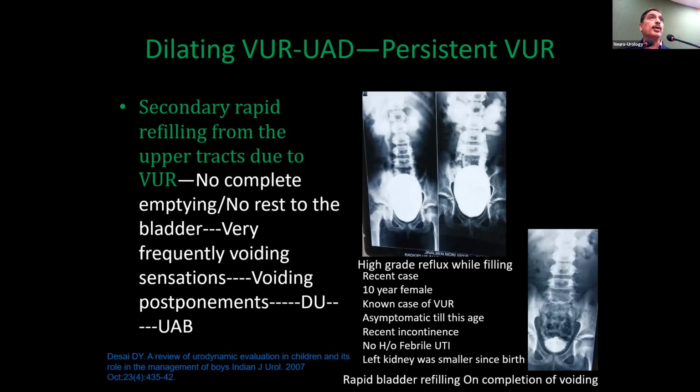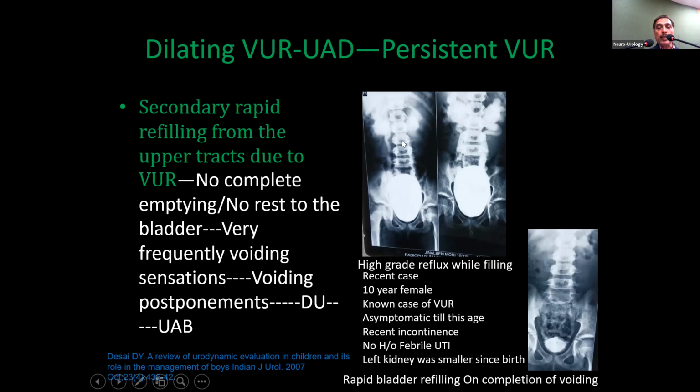Another philosophy is also available in the literature, and I also strongly believe in it. It was described by Dr. D.V.S. Desai, Great Ormond Street, and in other articles which we have discussed: the secondary rapid refilling from the upper tract due to VUR, no complete emptying, no rest to the bladder, very frequent voiding sensation, voiding postponement, leading to detrusor underactivity and full-blown underactive bladder.